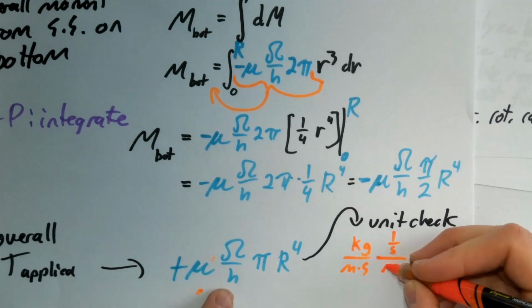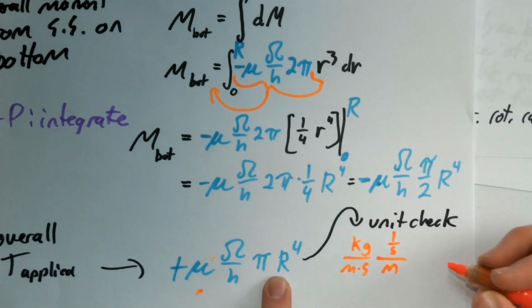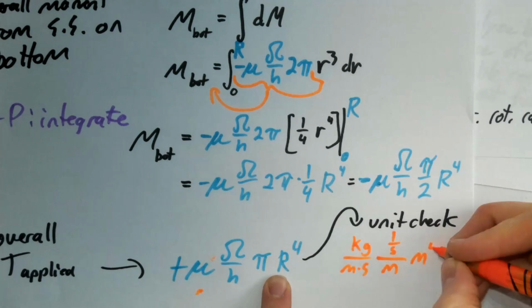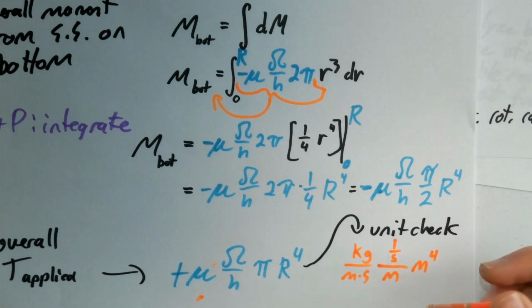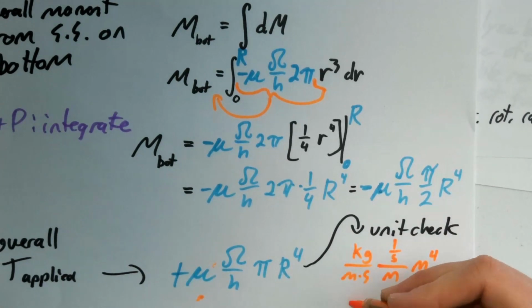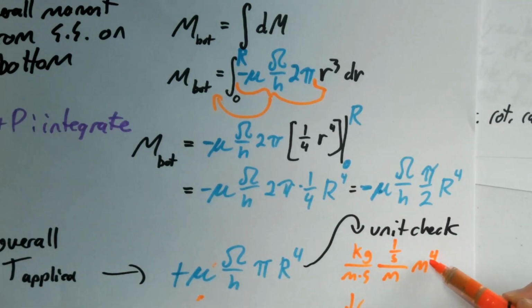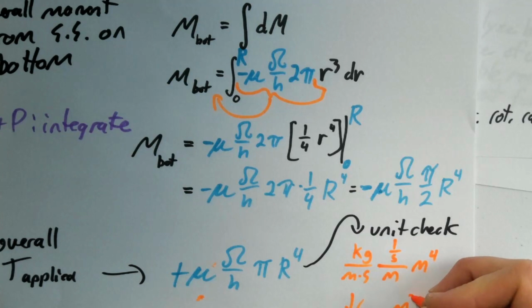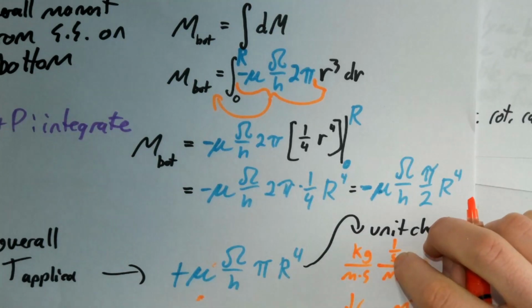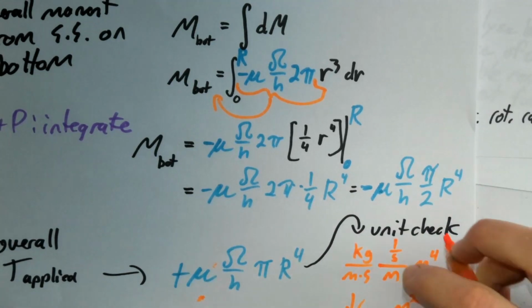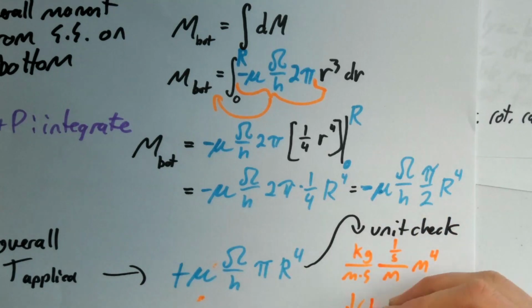H in the denominator here, we have meters. And then r to the 4th is going to be meters to the 4th. So what does that mean? If we analyze things, meters to the 4th cancels with 2 of these meters down here. So we have meters squared. We have 1 over seconds in the numerator, so that's seconds in the denominator. And then we have kilograms.